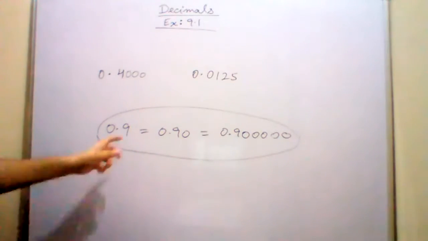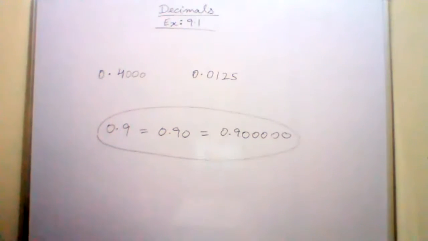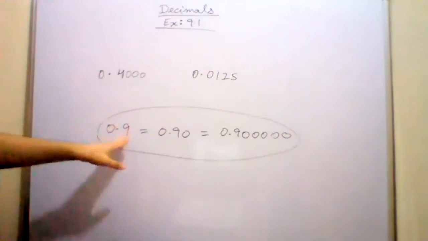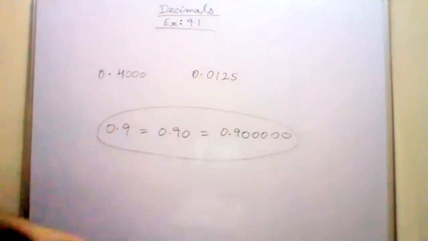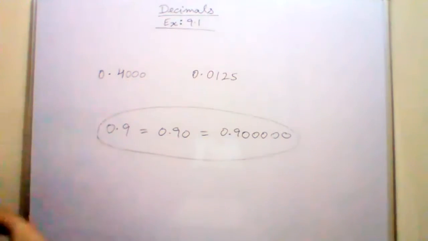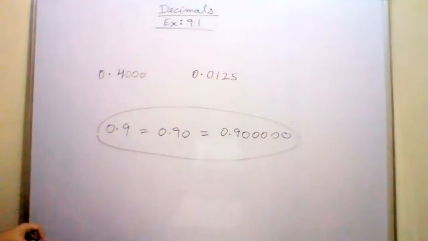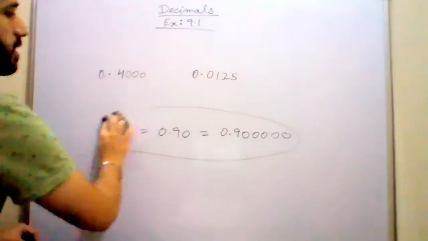Clear or not? So what I have done, I have added 3 zeros. Is there any problem in adding 3 zeros? No, sir.